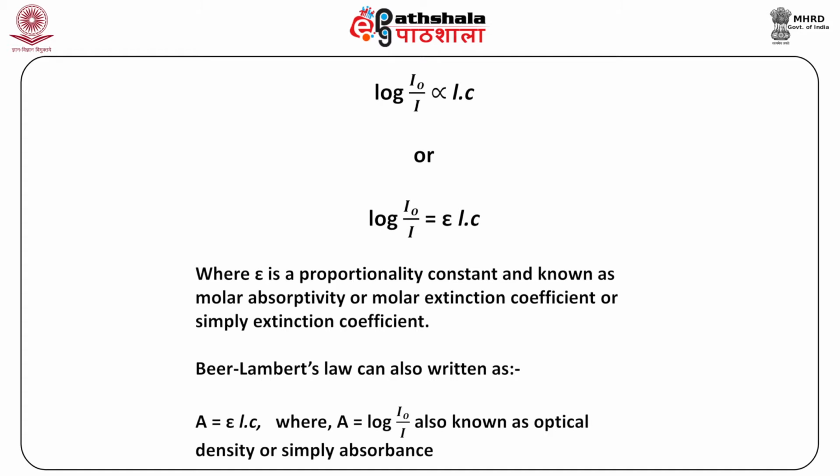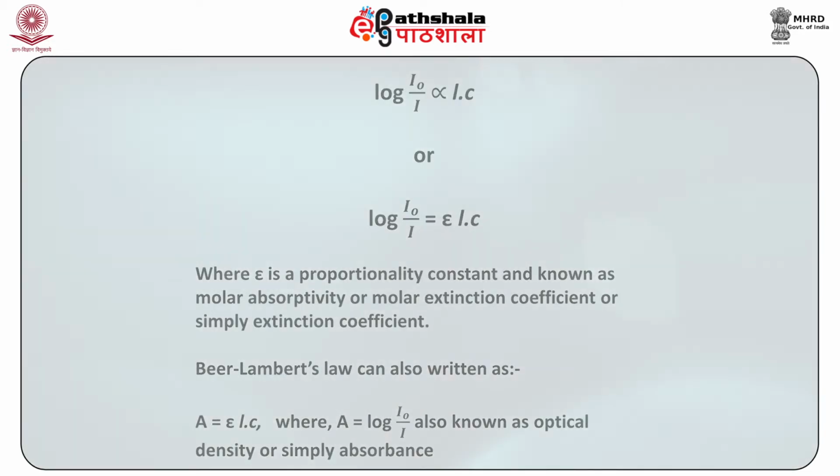So, Beer-Lambert law can also be written as A is equal to epsilon LC, where A, which is log I naught upon I, is also known as optical density or simply absorbance.